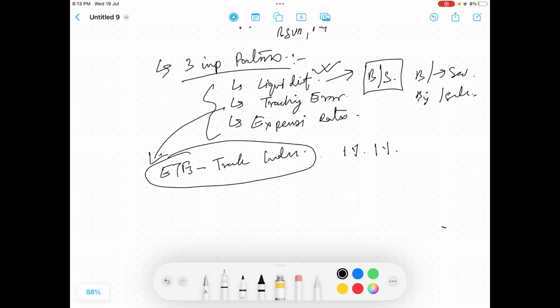And now let's talk about the expense ratio. The expense ratio is nothing but a nominal fee which is charged by the company or the AUM who is managing that portfolio. Again, as I mentioned, these are like funds, right?